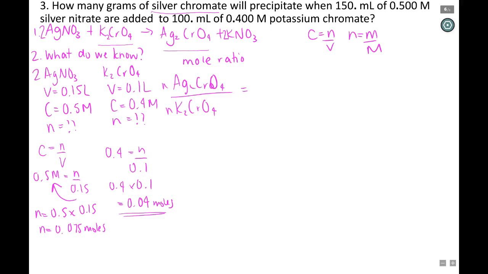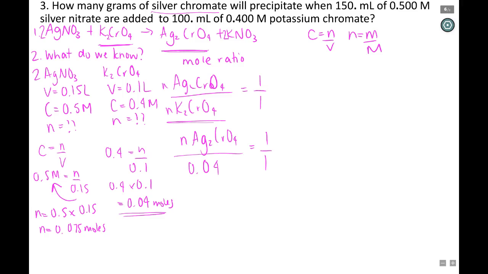Now, in our balanced equation, we can see that the ratio is 1 to 1. It takes one amount of this to create one amount of this. So our ratio is 1 to 1. Now, we know N of our potassium chromate. So our equation then becomes N of Ag2CrO4, our silver chromate, over 0.04 equals 1 over 1.